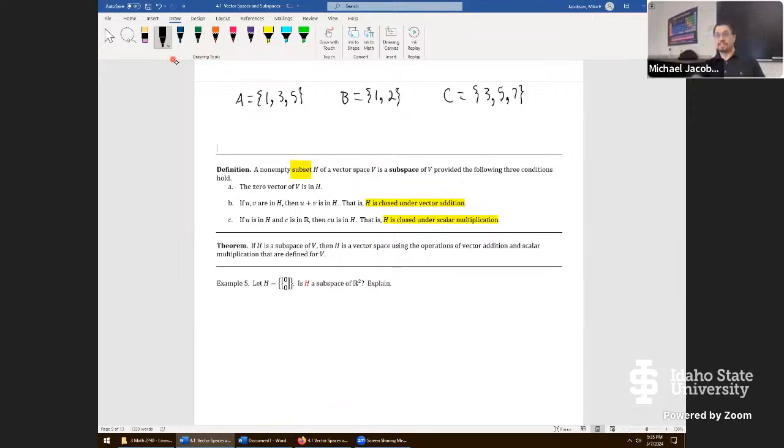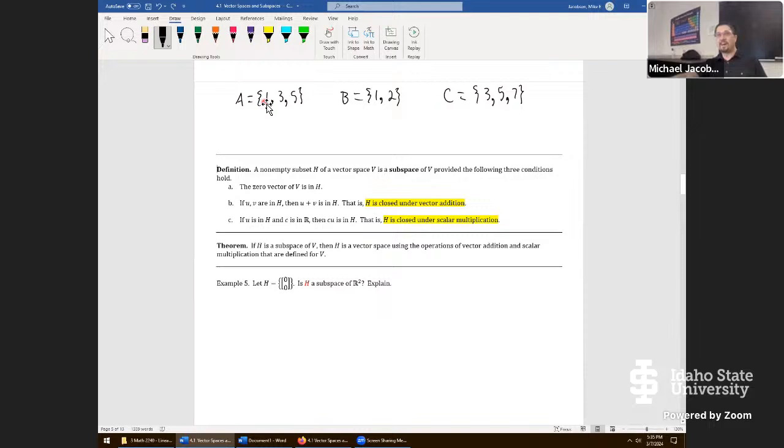So our book doesn't use any special symbol for the word subset. But if you've worked with sets before, you could use this symbol here to denote a subset. I'll go with how the author does and just write it out verbally. So looking at the 3 different sets, any volunteers for which set might be a subset of another in this list of 3 different sets? Let's take a look.